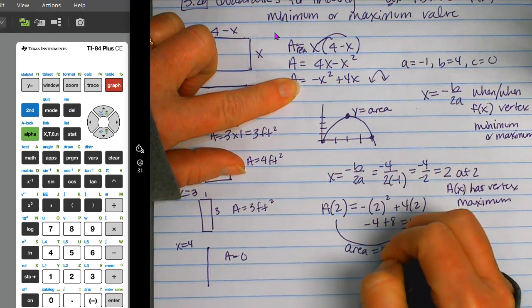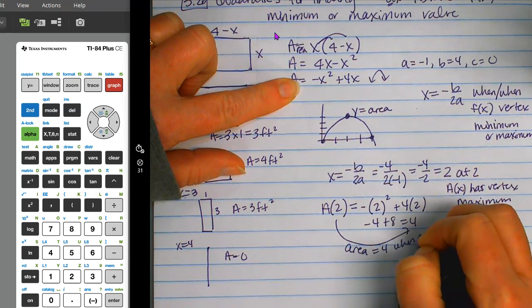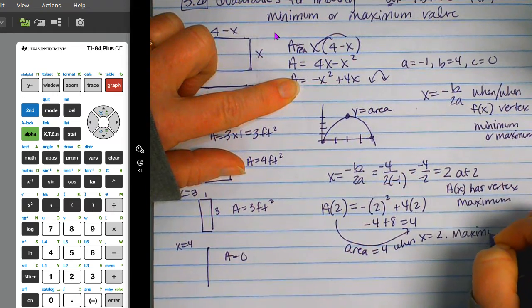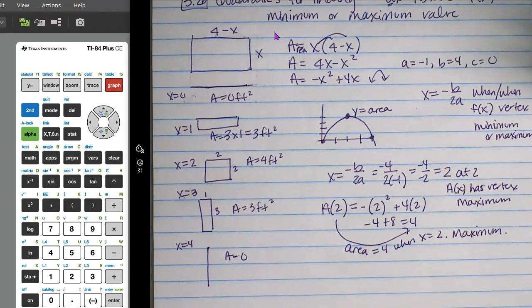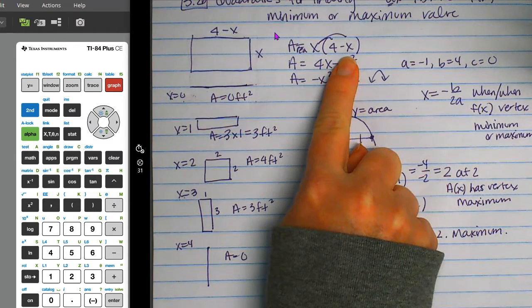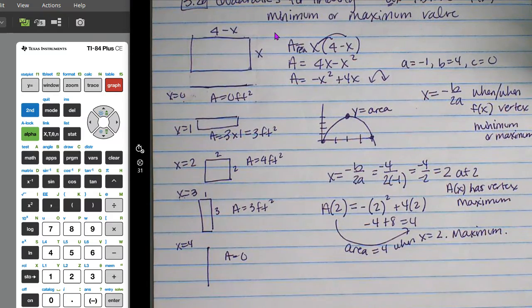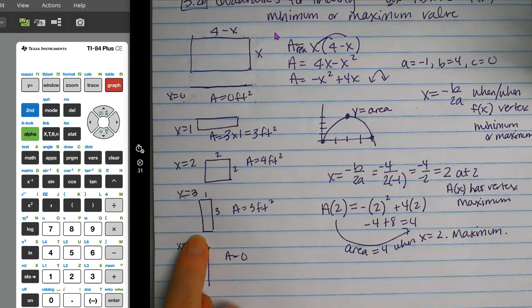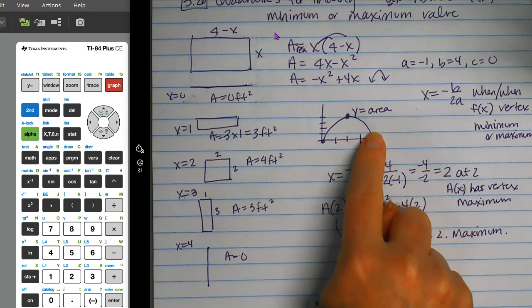Area equals 4 when x equals 2, and it's a maximum. So all of these notes are just to help you along to understand that modeling equations have real life images and pictures that you can think about what's happening as you change the x value to different numbers. And this is how it's graphed.